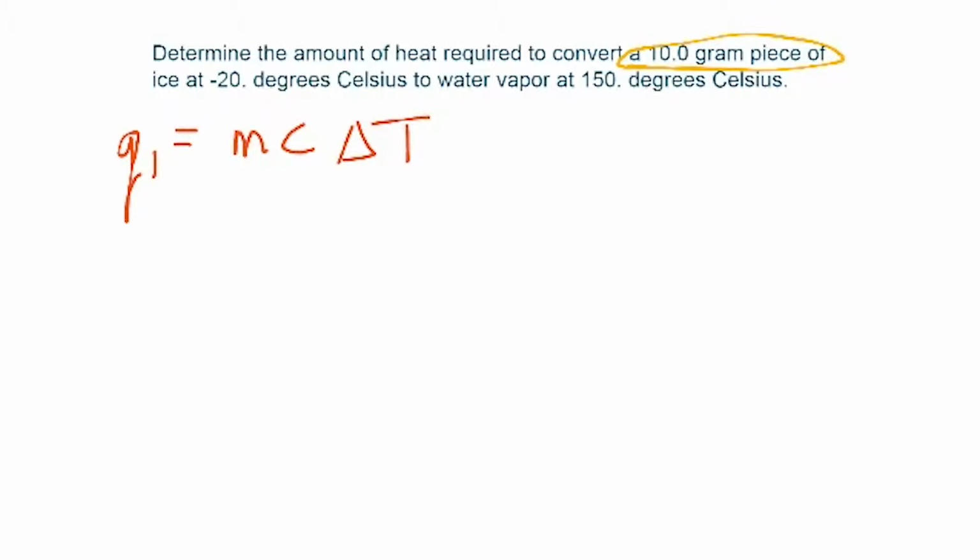And what we find is that the specific heat of ice is equal to 2.06 joules per gram degree Celsius. Now what about our change in temperature? A lot of students are tempted to think that the temperature change is from negative 20 degrees Celsius to 150 degrees Celsius, but that wouldn't be correct.